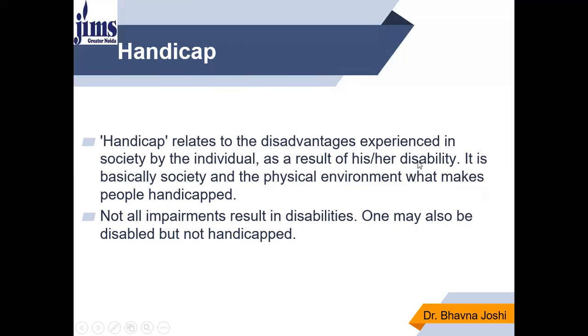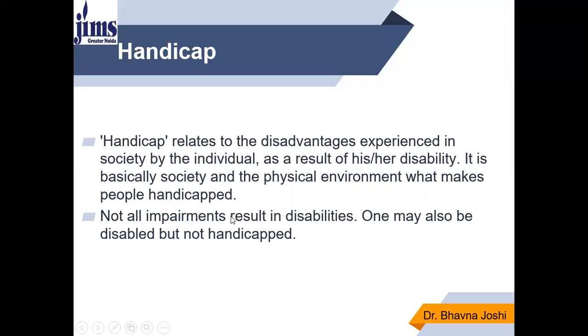Whatever disability the person is suffering from, the disadvantage experienced due to this disability is called handicap. It is basically society and the physical environment that make people handicapped. That means it is the attitude of the society, how society treats persons who are disabled, and that experience is known as handicap.